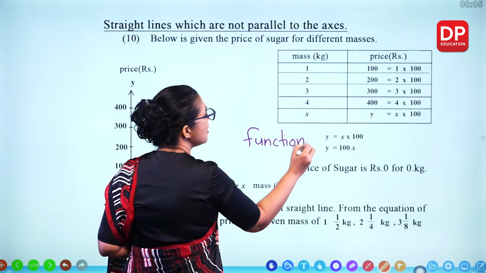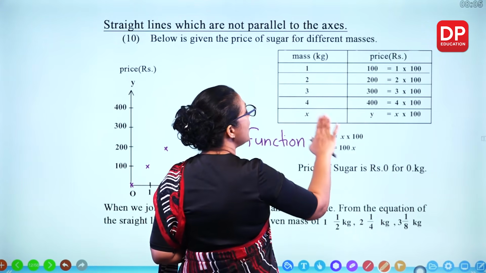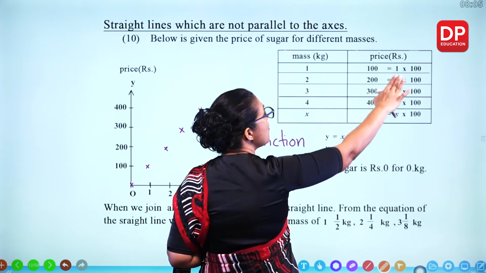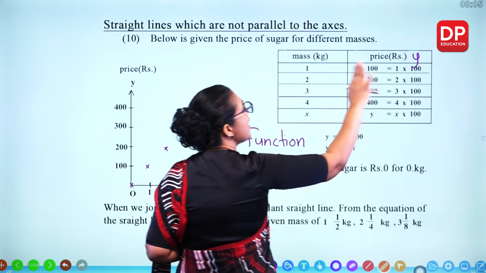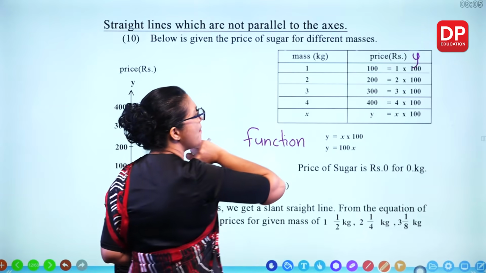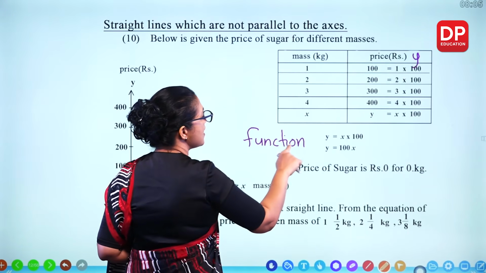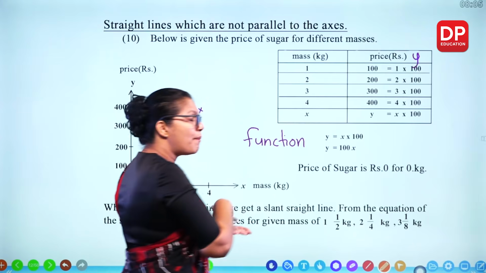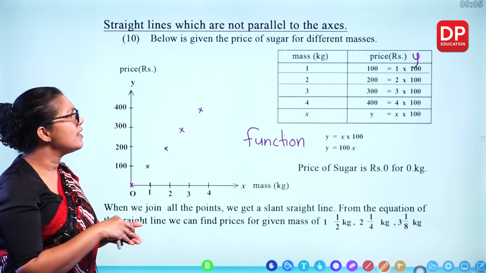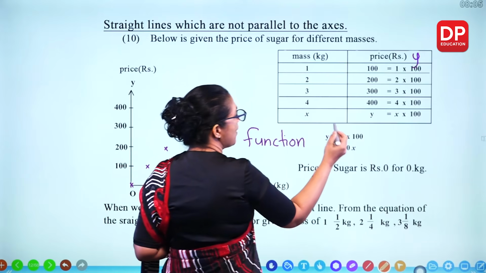What is a function? The y values, the masses and the prices, the y value is here. Prices change depending on the mass. So we can say y values depend on x value. So we call this a function in mathematics.